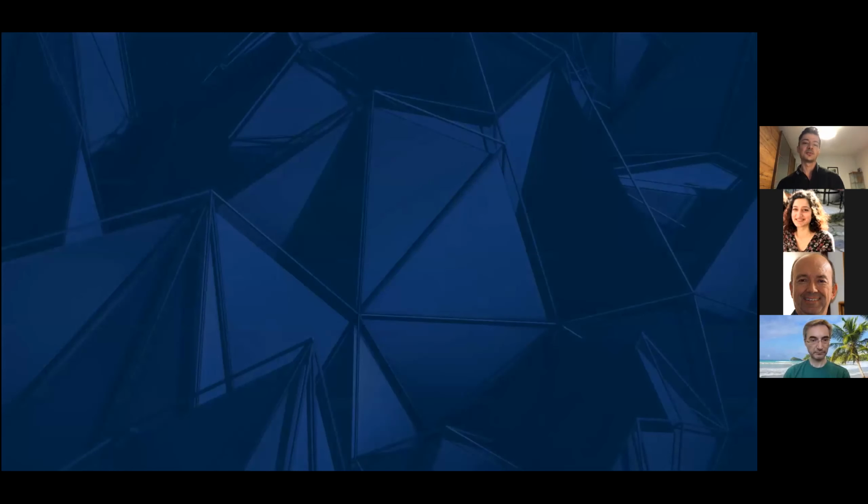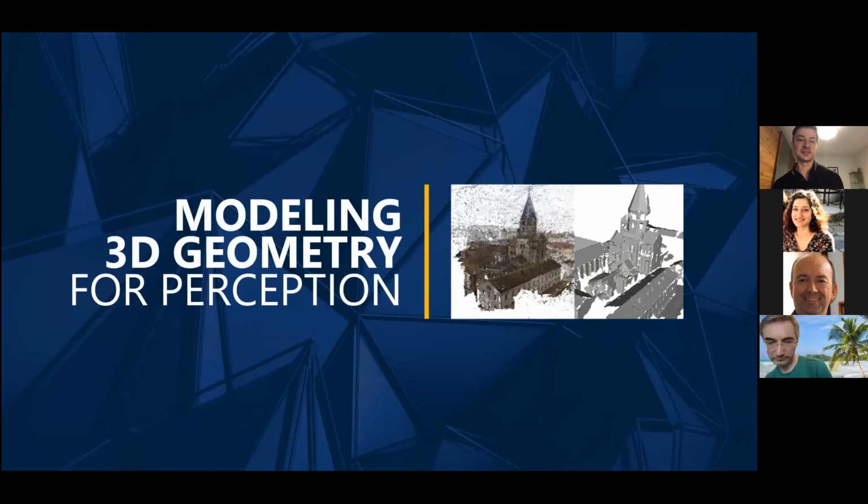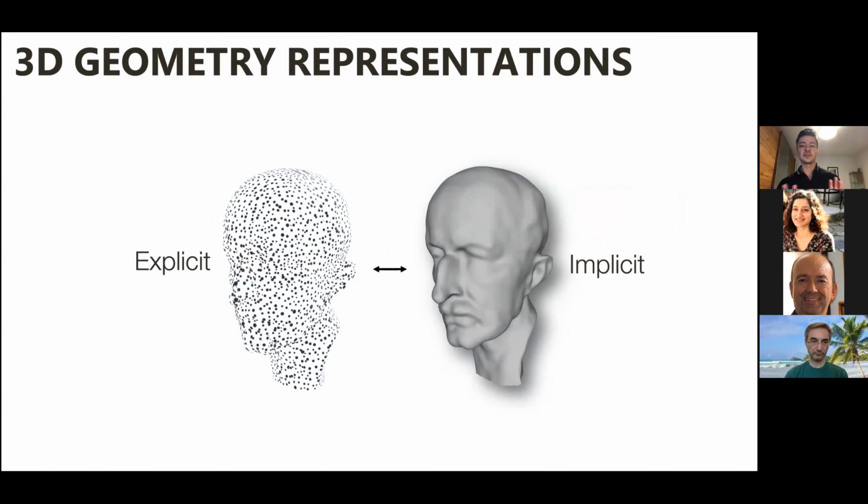And of course, one quite important box in this pipeline is the geometry one as well. I worked on geometry quite extensively over the years, especially on developing representations that are suitable for machine perception. And I think for geometry, we need to distinguish between these two cases.